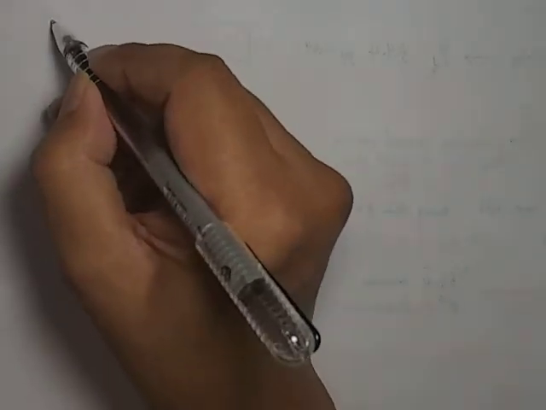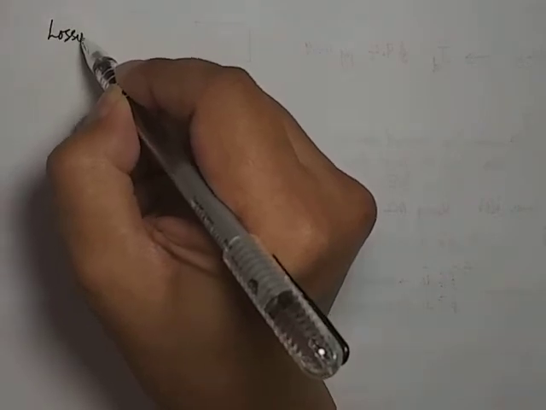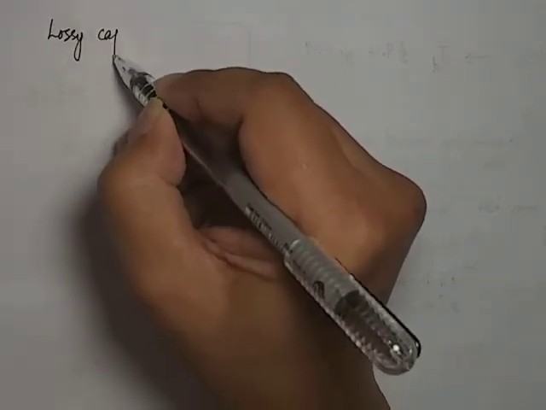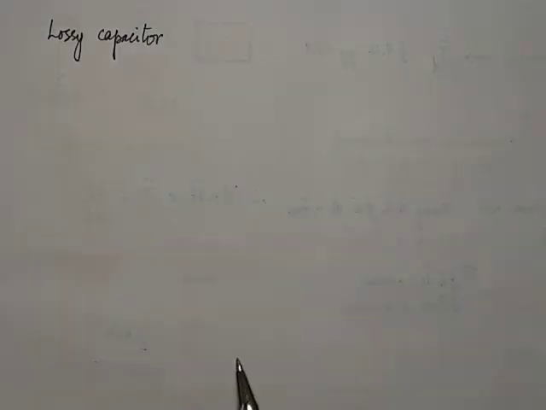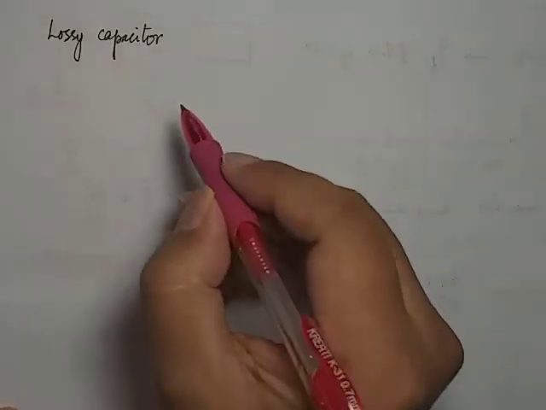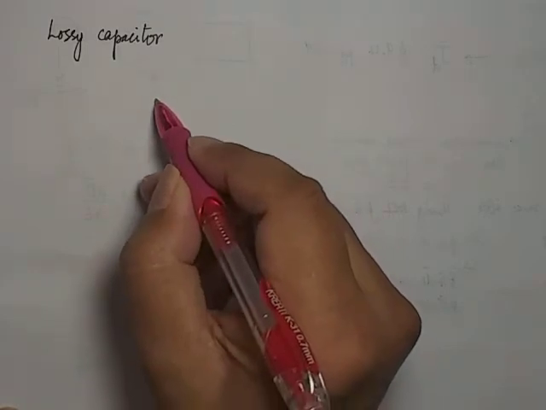So I'm going to talk about what is very common in our world. We call it the lossy capacitor. Something very common in the world of engineering, the lossy capacitor. Let's discuss the capacitor we talked about in electrostatics. In electrostatics, we have a capacitor, correct?